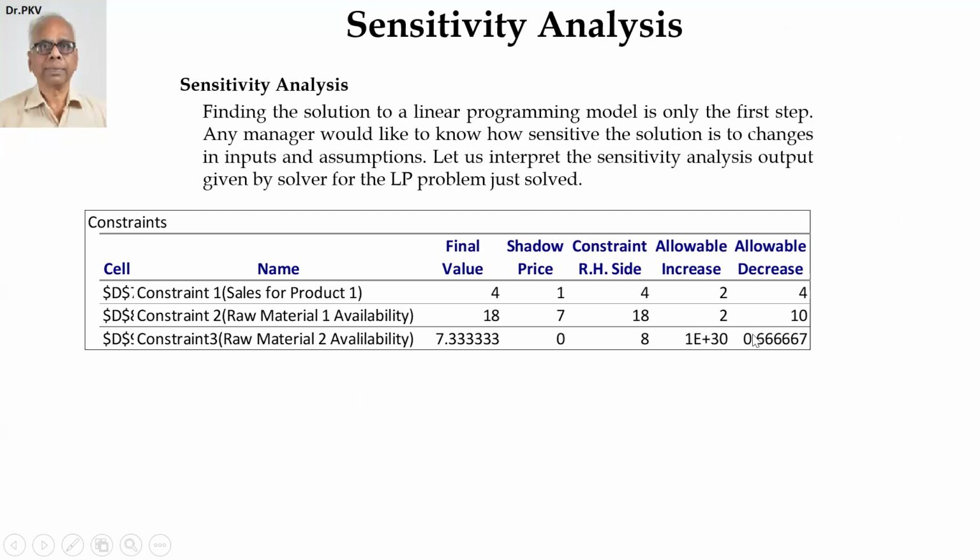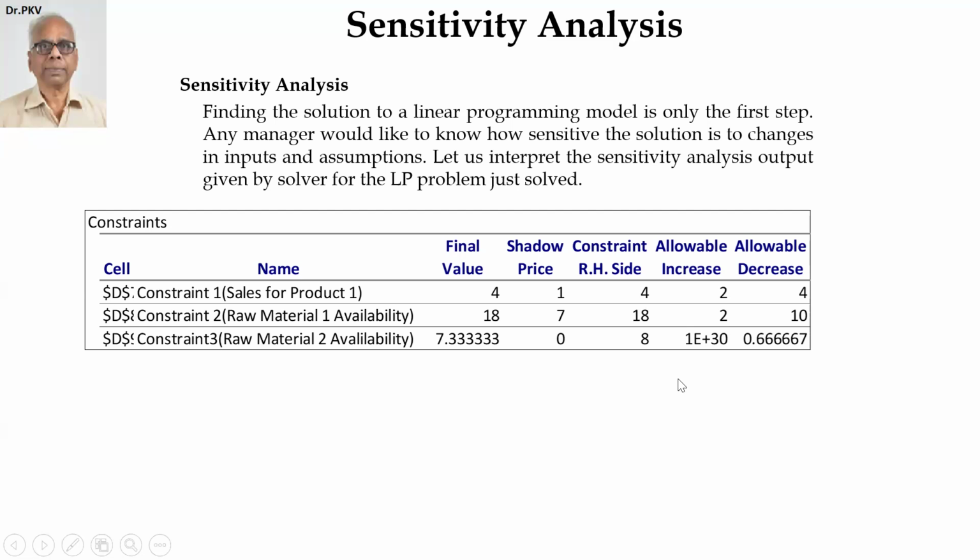The allowable increase for raw material 1 is 2 kg. For raw material 2, anything you increase has no impact on the profit, and therefore forget about raw material 2 for the time being unless something else happens. The moral of the story is the sales can be enhanced to 6 units instead of 4.